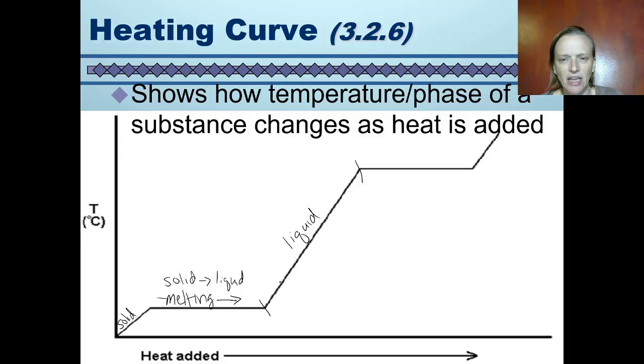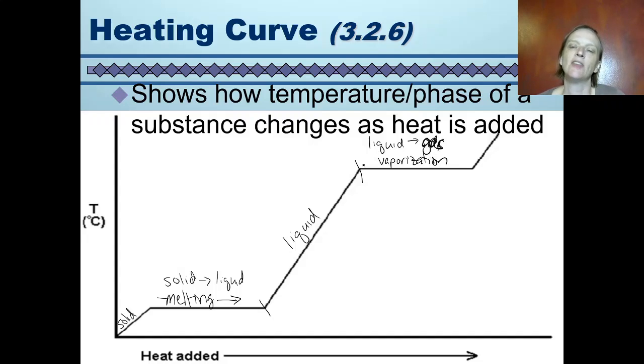You keep on adding heat and the temperature keeps on rising until you get to the next part of the heating curve, and this is where vaporization occurs. This is where you have a mix of liquids and gases mixed together.